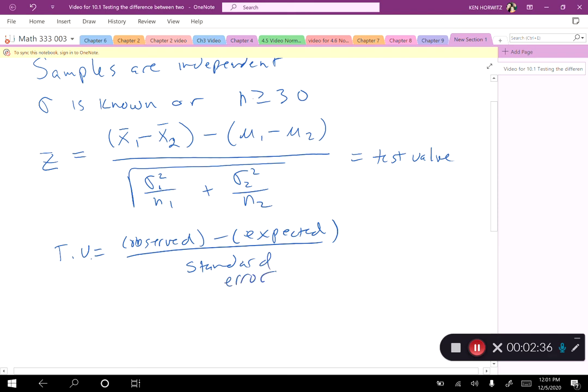So if you look at this, we see that we have x bar 1 minus x bar 2, which is what we've observed. Our samples have these averages, minus the expected, minus our mu1 and mu2. That's what we expect. And then our standard error is our variance divided by the sample size.